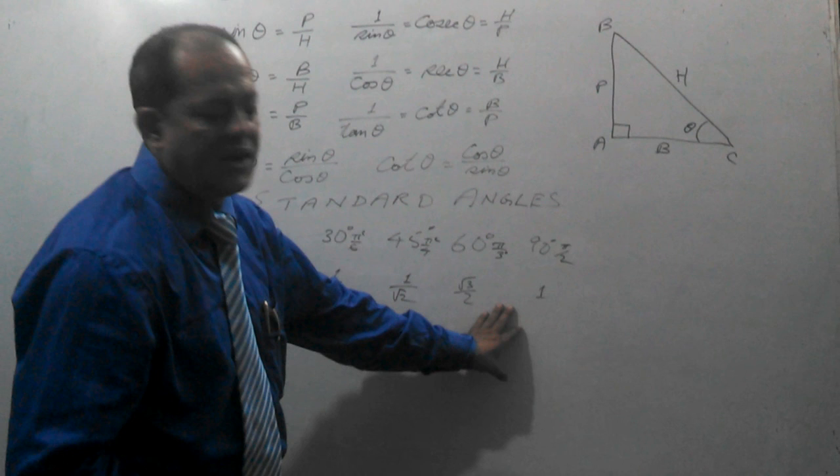Now we write again cos A plus B is equal to cos A cos B minus sin A sin B, and cos A minus B is equal to cos A cos B plus sin A sin B. Okay.